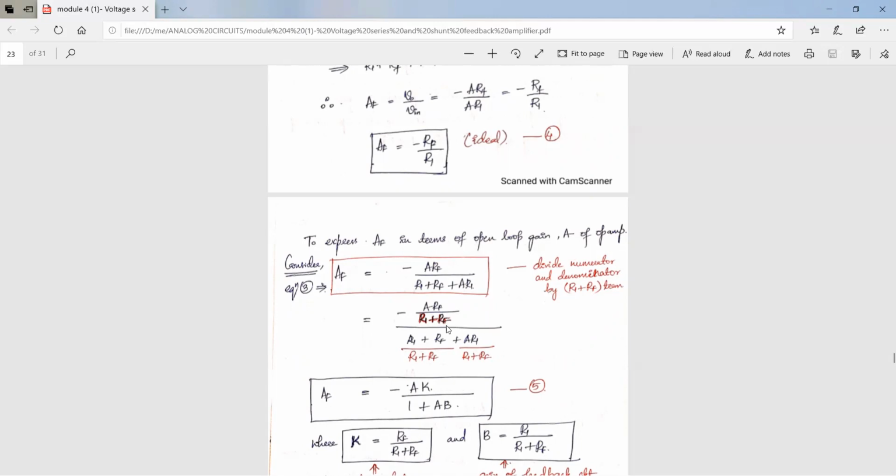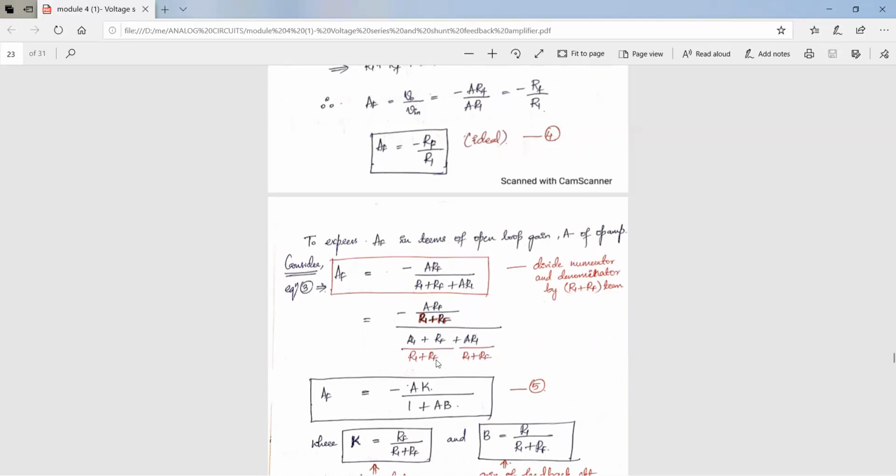Okay, so whatever I have written in the red pen is the changes that I am going to make in this equation. And here R1 plus RF, this denominator term is broken up into two parts, two terms. R1 plus RF will form one term and AR1 alone will form the other term.